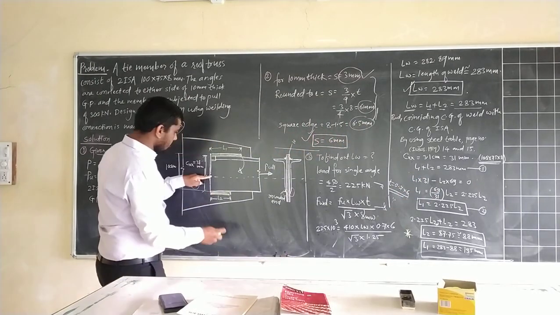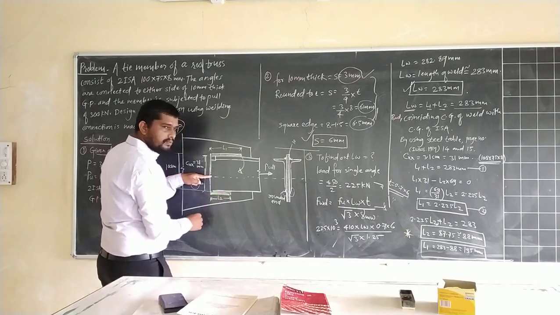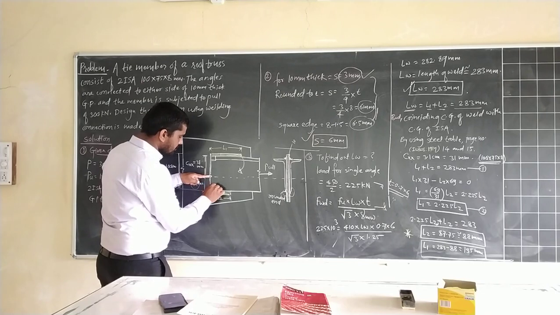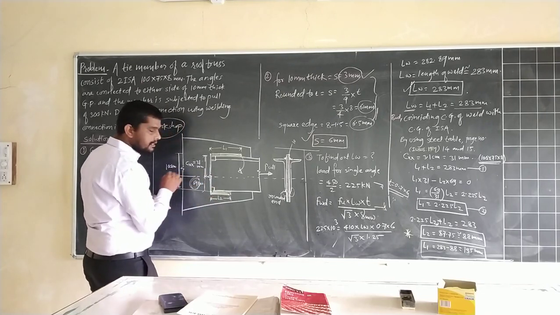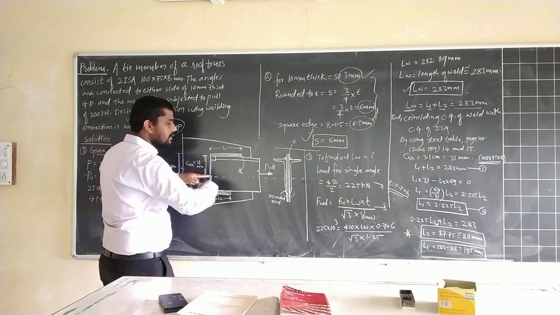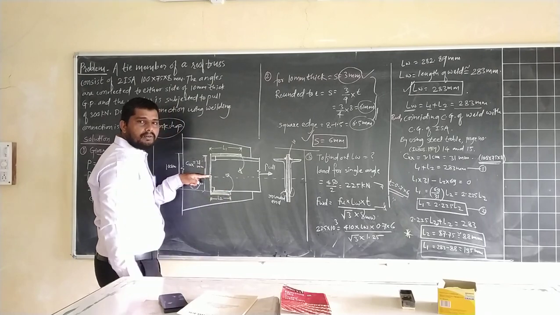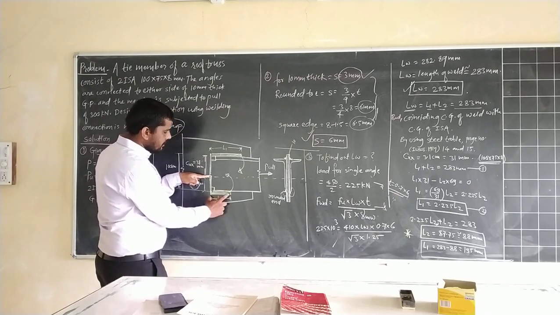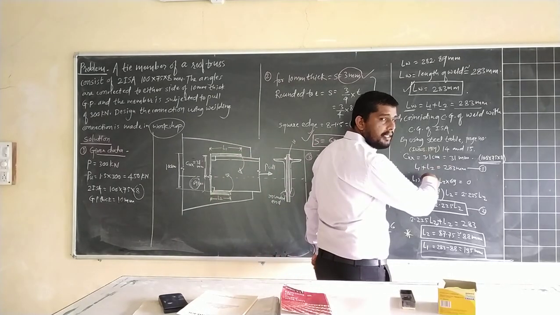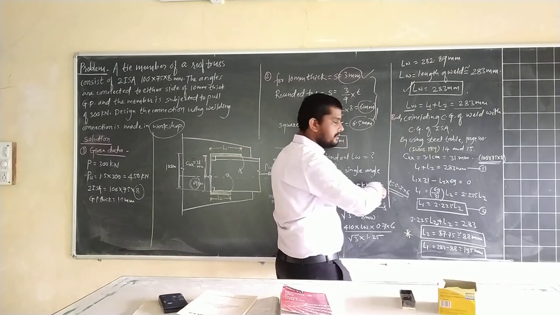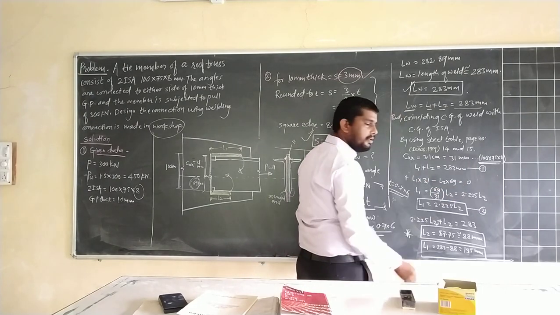Then we consider L2. This is your force, and it makes a right angle, so the perpendicular distance will be 69 mm. It is rotated in the opposite direction, you can consider it as anticlockwise. So that is L2 into 69. Why is it minus? Because it rotated in the opposite direction. So L1 into 31 minus L2 into 69 equal to 0.